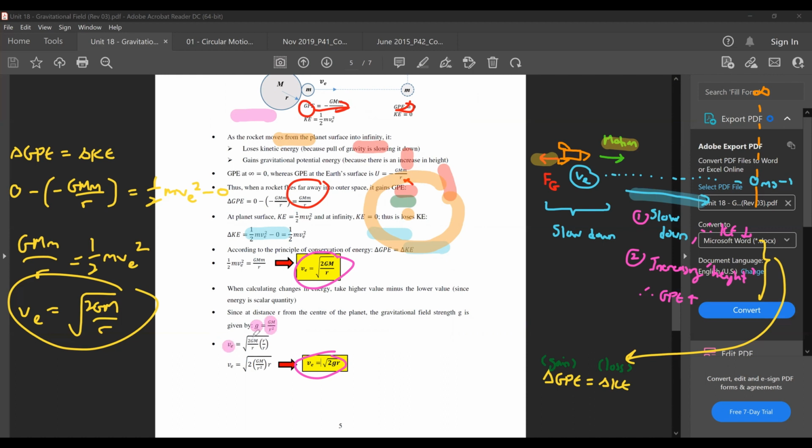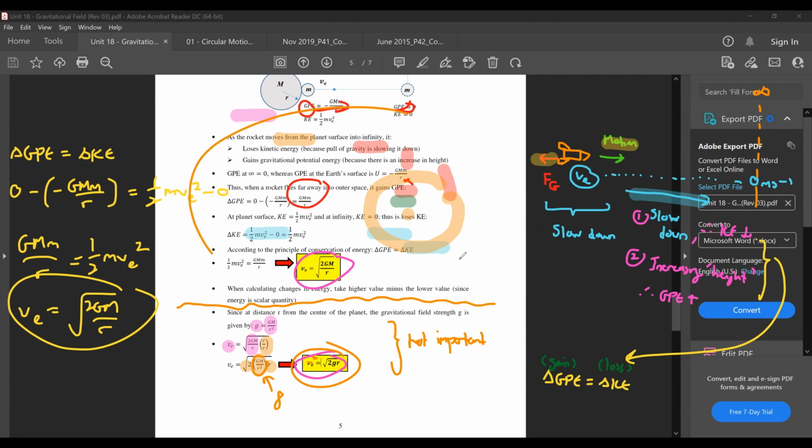So if VE is the square root of 2GM over R, you multiply by R over R, and you get 2GM over R squared times R, where GM over R squared is g. That's why you get this. But I will say this one is not so important, because I've never seen in past years where they ask you to express it in this form.